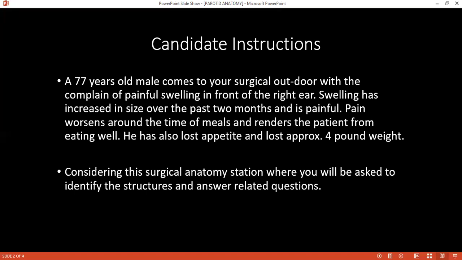Okay. Can you tell me what are the structures which traverse the parotid gland? Can you repeat? Yes. What are the structures which pass through or traverse the parotid gland?